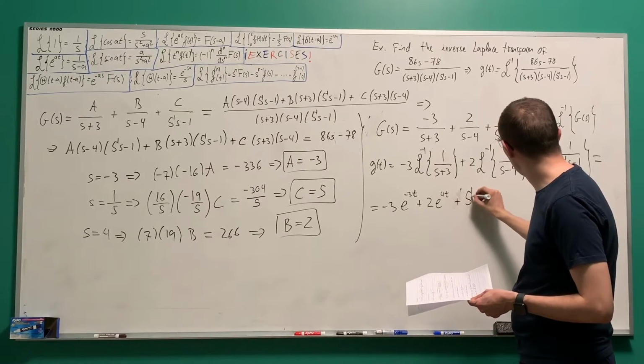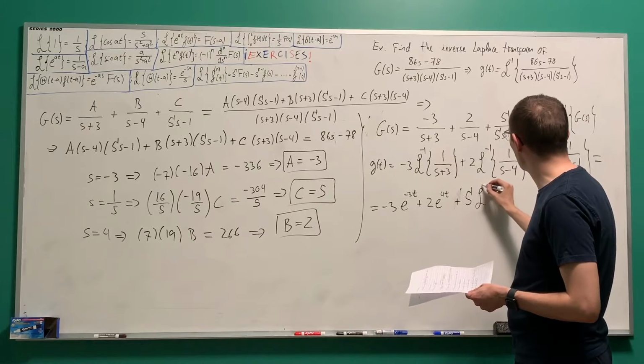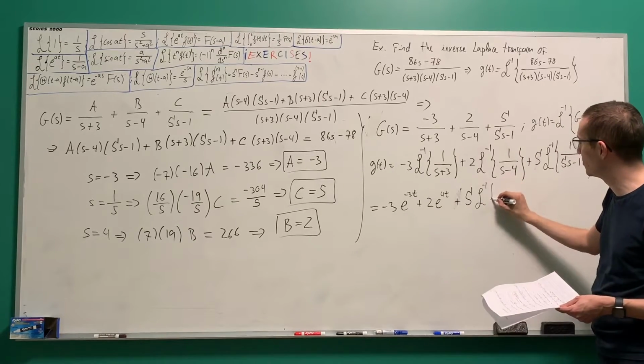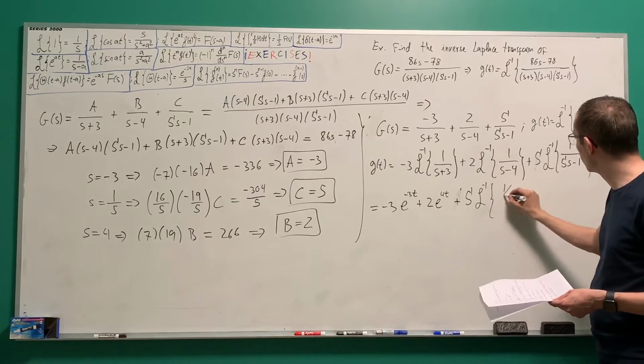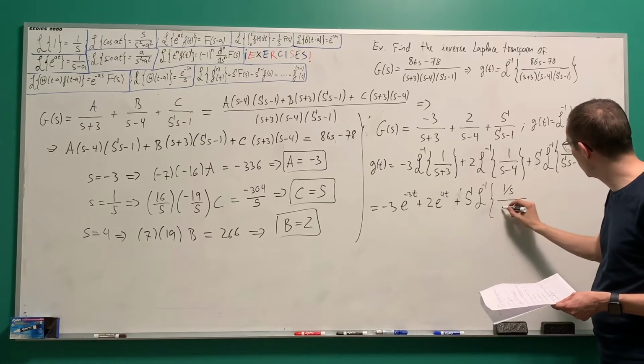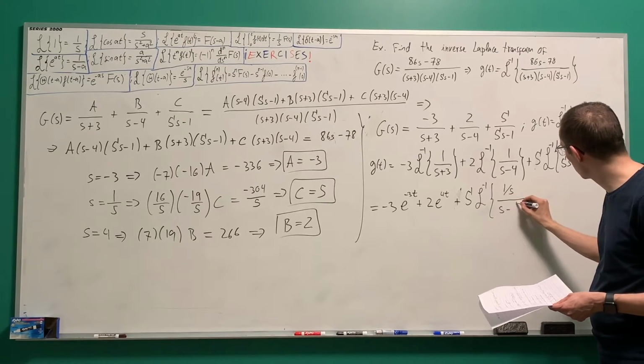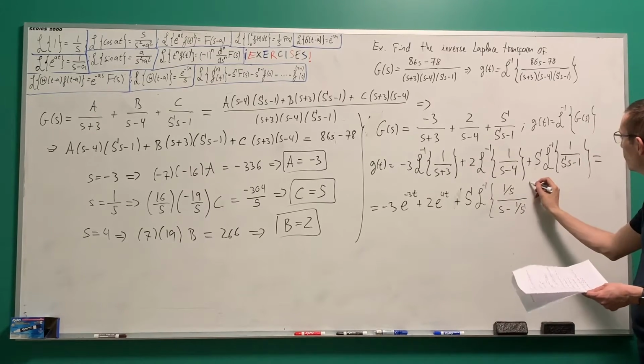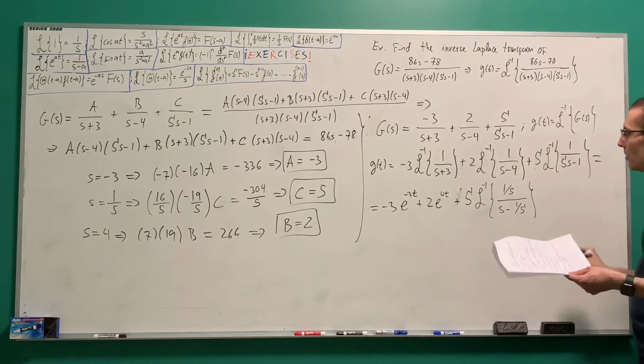plus 5, and then Laplace. I'll be very explicit with the steps because it's the first time we do it. 1 over 5 divided by s minus 1 over 5, right? I divided numerator and denominator by 5. Okay, cool.